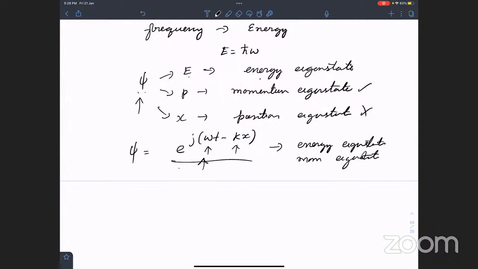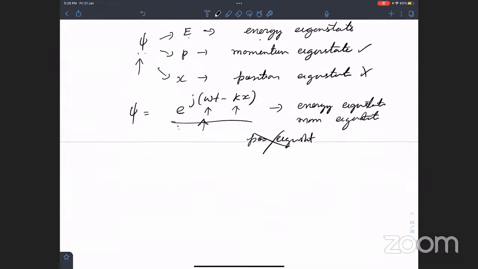It doesn't have a position. Why? Because every value of x you put in, it will give you proper values. Looking at this function, can I really assign a unique value of x to this? No, not really. So it is not a position eigenstate. This is an example of a state that is an energy eigenstate and a momentum eigenstate, but not a position eigenstate.